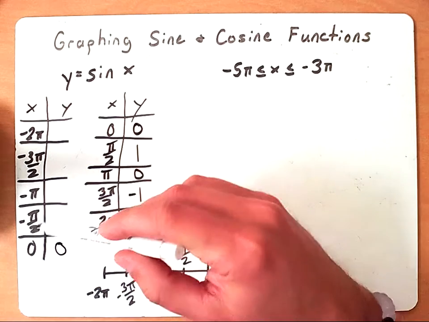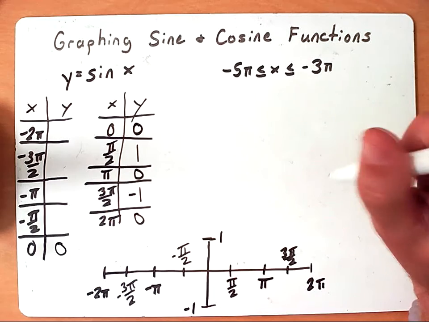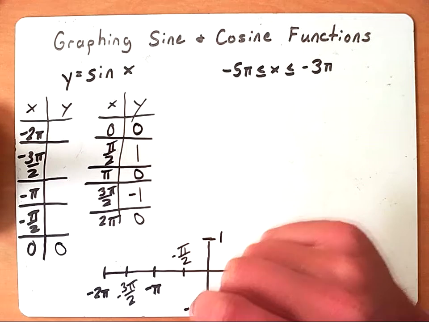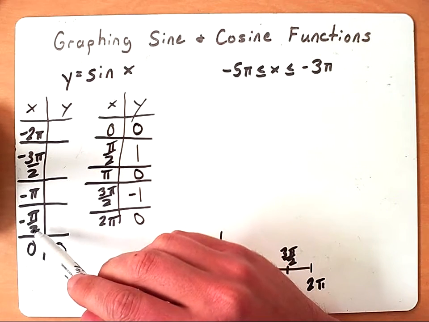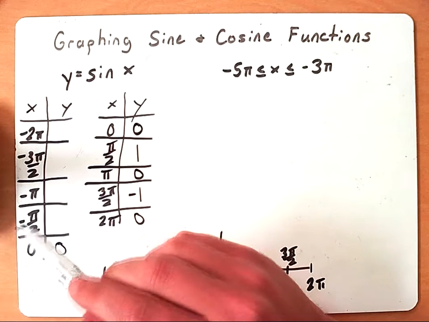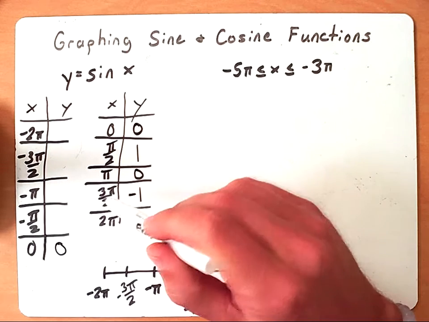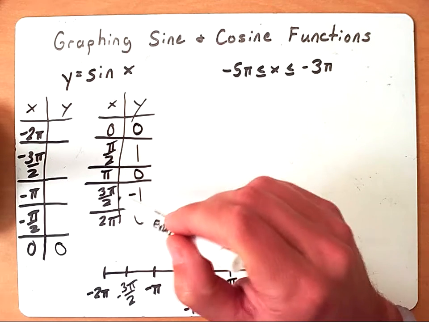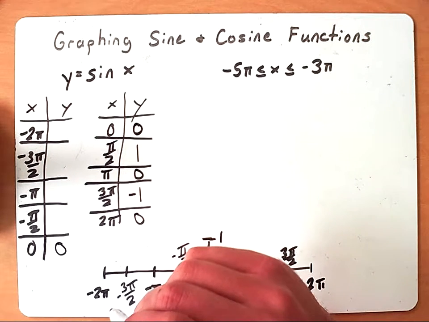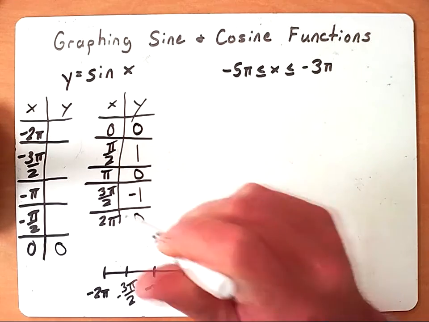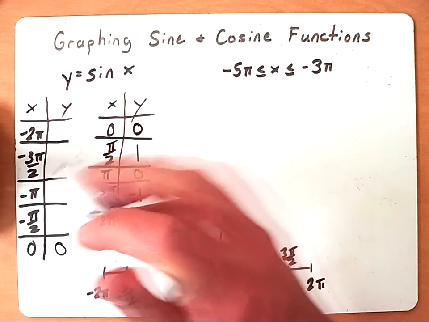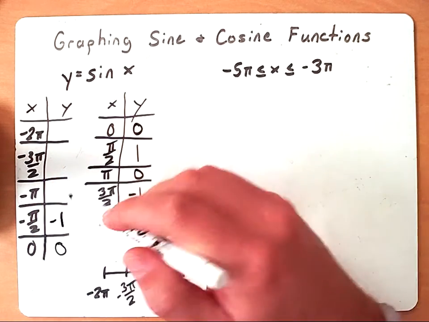All right. Now, to do these negative values, we're going to start at 0 degrees and go clockwise instead of counterclockwise. So negative pi over 2 would be negative 90 degrees. This is the same thing as positive 3 pi over 2. If you went negative 90 degrees on your unit circle, it would be the same as going 270 degrees positive. So that means negative pi over 2 is going to be negative 1.